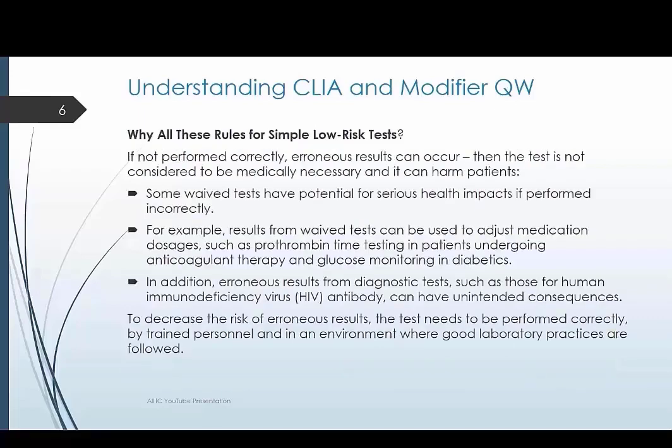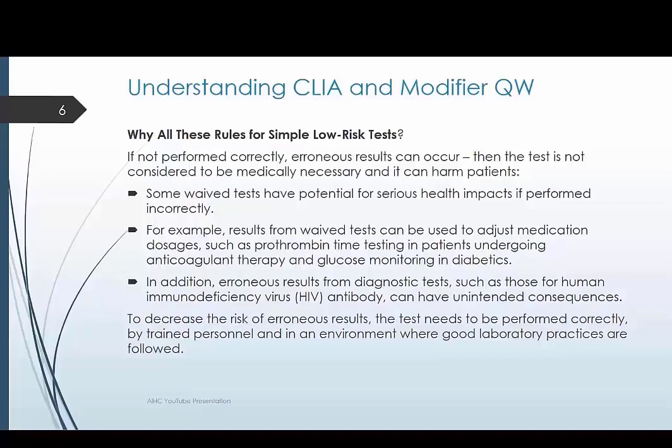Now, all of these rules apply. Why should we have all these rules for simple low-risk tests? Well, again, if it isn't performed correctly and there's erroneous results, then the test is not considered medically necessary, and also it can harm patients. Some waived tests have the potential for serious health impacts if performed incorrectly.